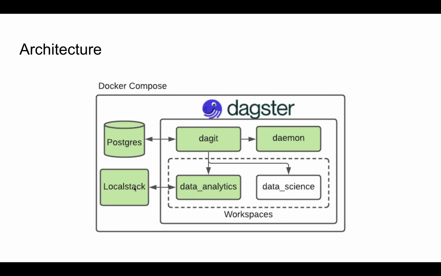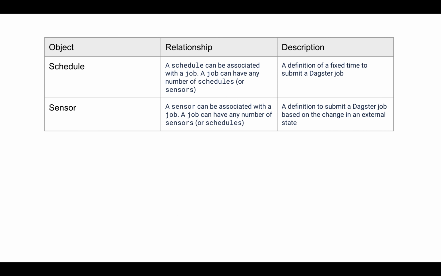And you can see local stack is just an external dependency that we've taken on for Dagster, and this is something that the daemon is pinging to look for new runs of a job. This is how schedules and sensors roll up into a job, and a job can have many schedules or many sensors.